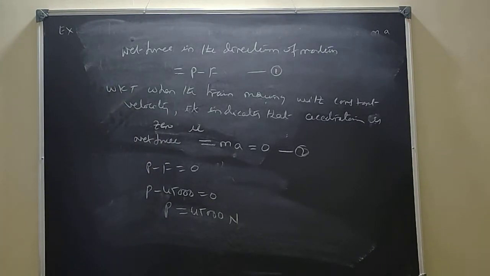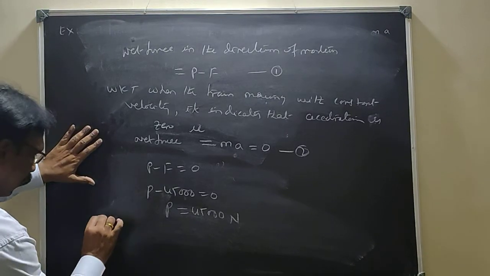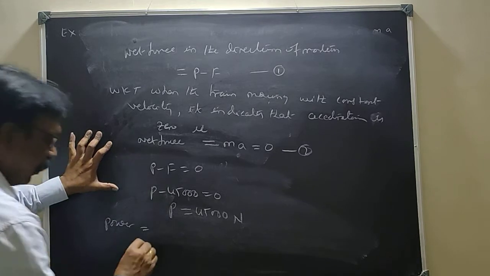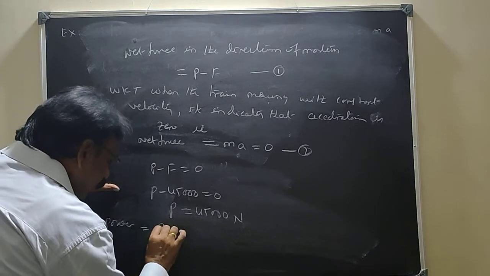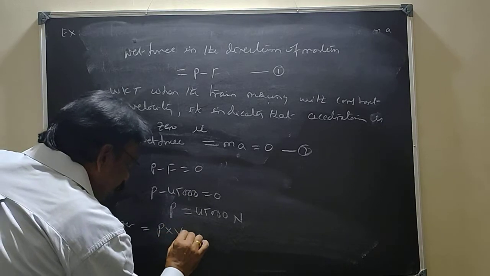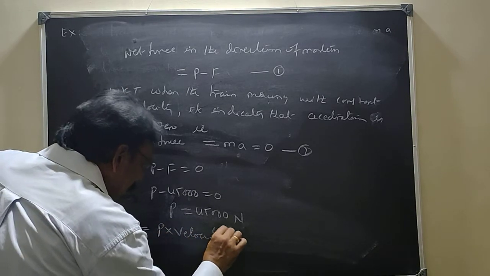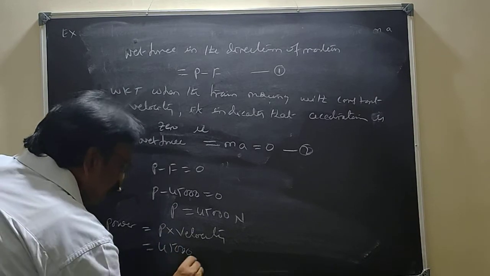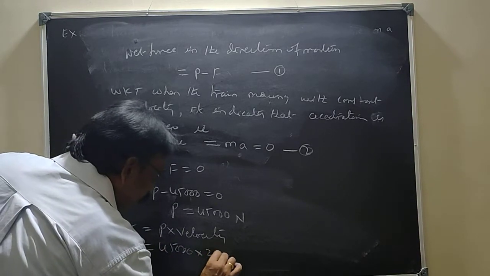So then the power is equal to the force, that means the net force, multiplied by velocity. So the net force is 45,000 multiplied by velocity 20.